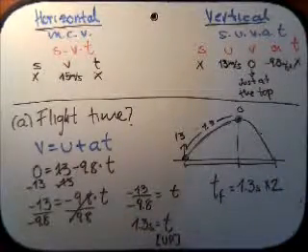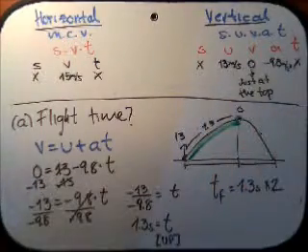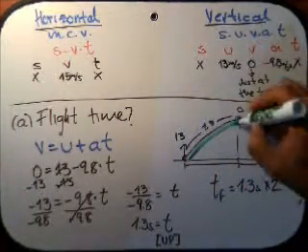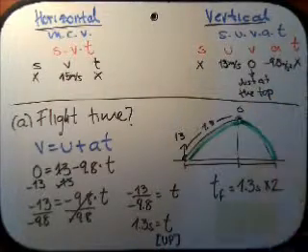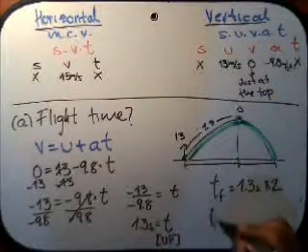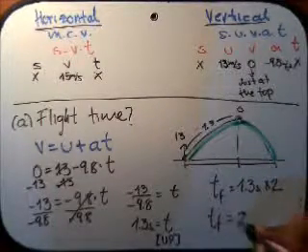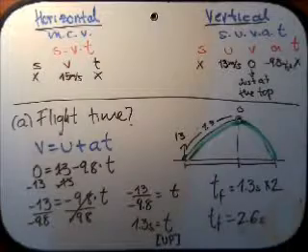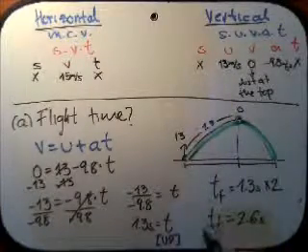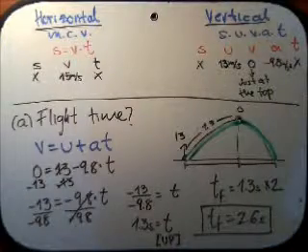Why times 2? Again, because it takes 1.3 seconds to do this, and it will take 1.3 seconds to do that. So the whole flight time of a projectile, or of the ball in this case, will be 2.6 seconds, and that is our first final answer.